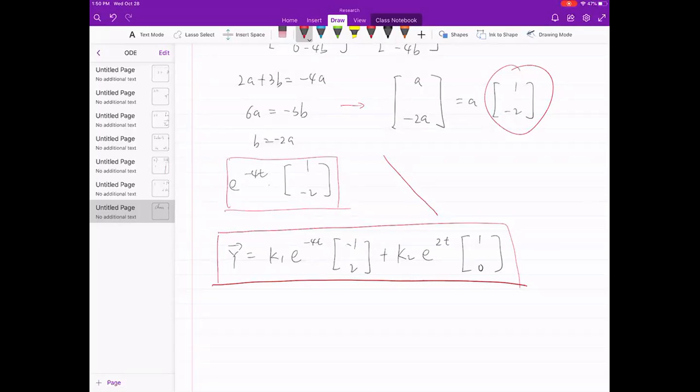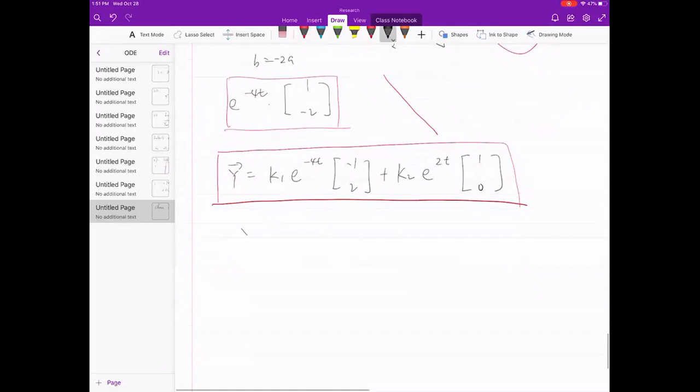Does everything make sense here? Imagine what if you have a 3x3 system to solve in 3 dimensions. Well, you have a 3x3 matrix. Ideal case, you will have lambda 1, lambda 2, lambda 3. You have 3 eigenvalues.